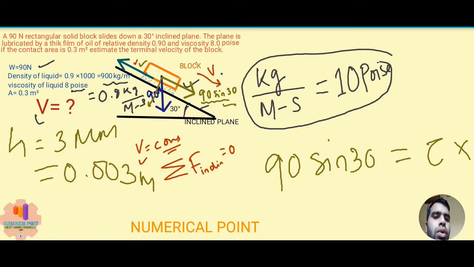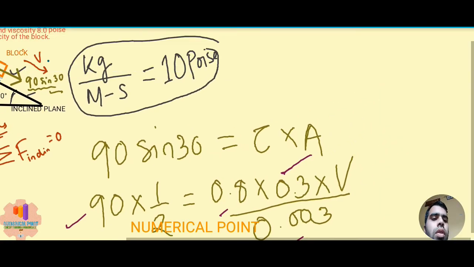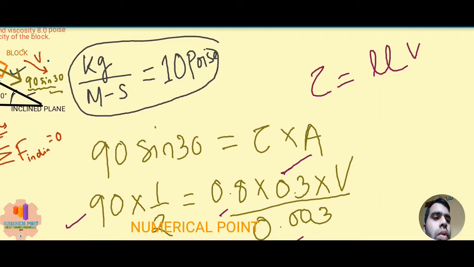So let's put the values. Here 90 and sin theta is 1 by 2. For tau, mu is 0.8, area is 0.3, velocity is asked, and h is 0.003. For your convenience I am writing the value of tau, that is mu V by h.